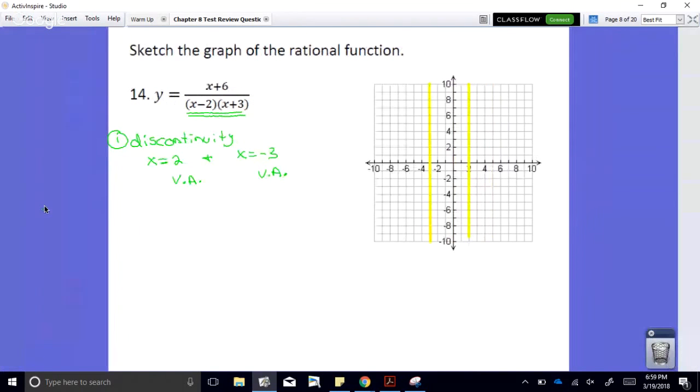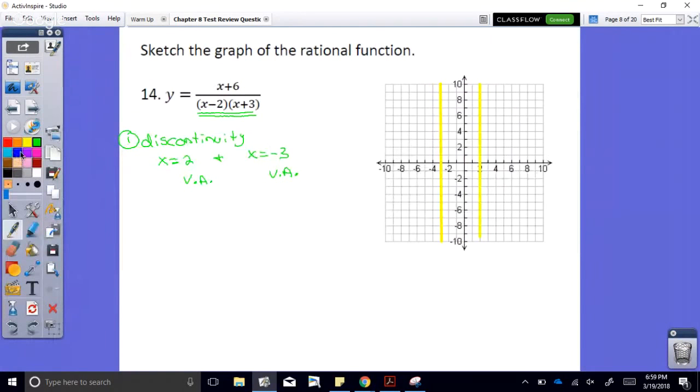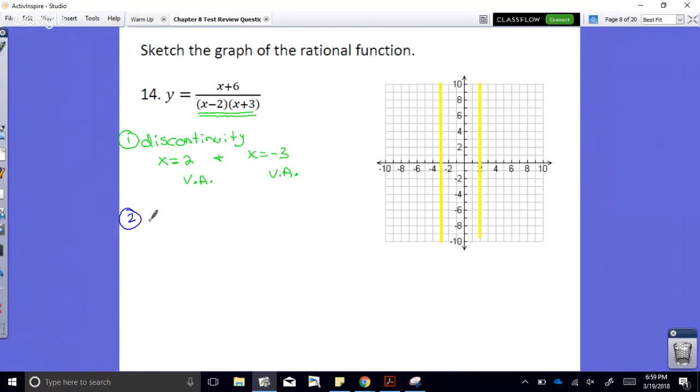The second thing we're going to look at is if there are any horizontal asymptotes. So horizontal asymptotes, it's a little bit tricky because we need the lead term. Well, the top is easy. We have an x. On the bottom, if you multiply x times x, we get x to the second.